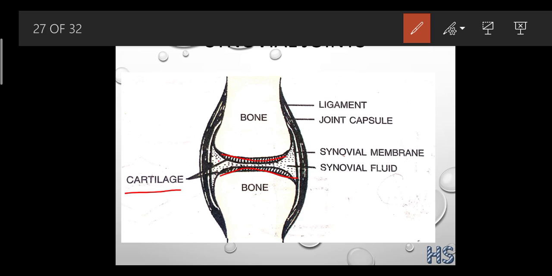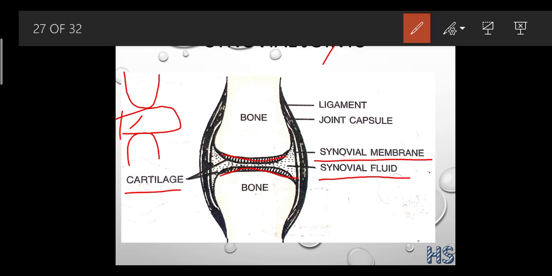It may be present in the shoulder region or the knee region; in both places this part is present. This fluid is called the synovial fluid, and it is in the synovial membrane. Suppose this is a bone, this is a bone, and there is a bag kind of thing. This is the synovial membrane, and what is filled inside it? Synovial fluid.